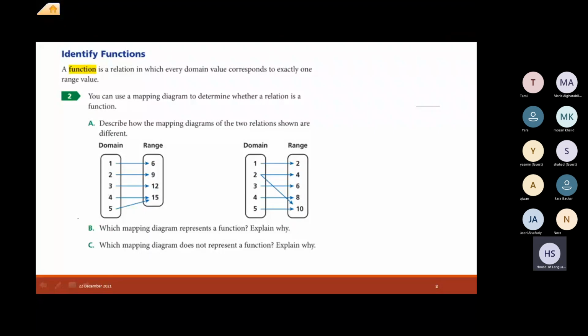1 with 6. So each element has one output. Yes, here. The second one. 2 with 9. That's one. 3 with 12. 4 with 15. And 5 with 15.